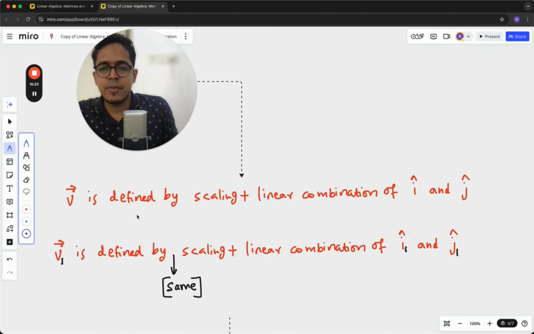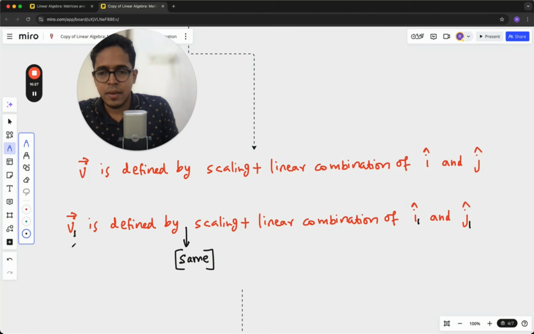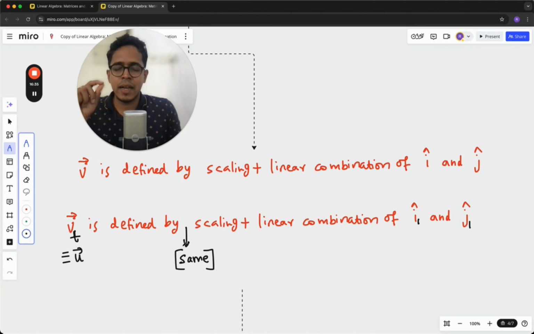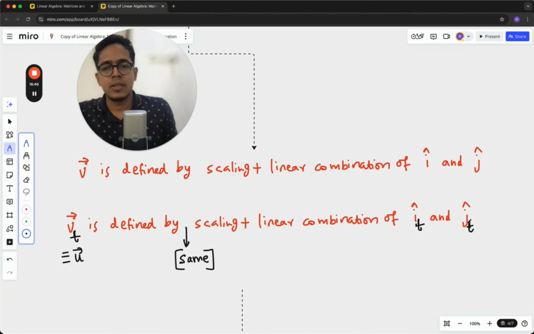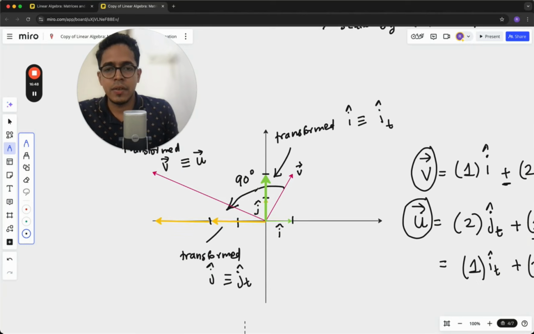If v is defined by scaling plus linear combination of i and j, then v transformed, or u, is defined by the same scaling plus linear combination of i transformed, it, and j transformed, jt. So that is what we saw here visually.